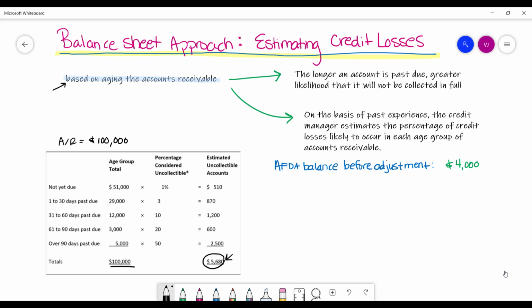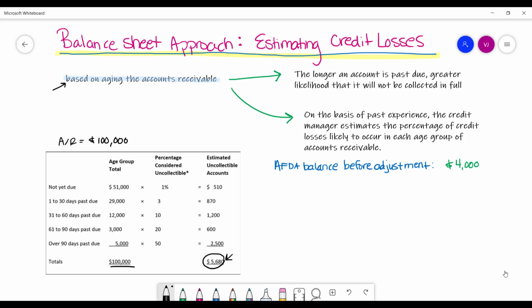Now, with the balance sheet approach, we don't immediately record that $5,680 as uncollectible accounts expense for the period. Instead, we first look at, before this adjustment, what is the balance in allowance for doubtful accounts?